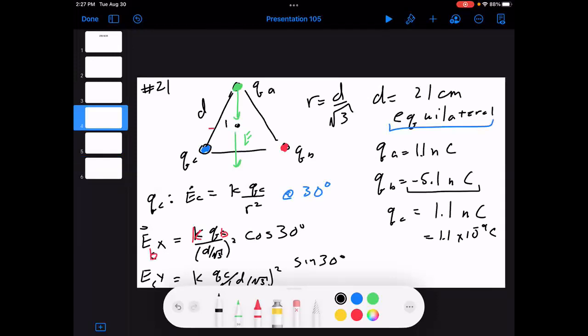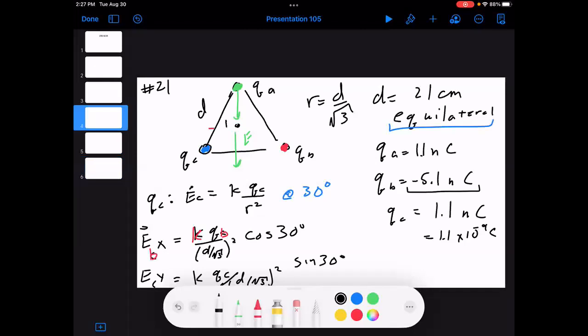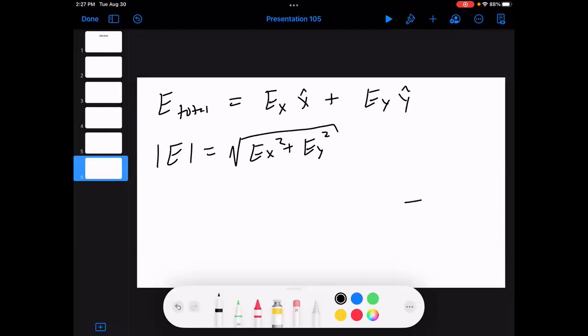Just looking at this picture, it looks like this is probably going to have some Ex like that, and our Ey is probably going to be negative. So you just told me how to find the magnitude. I'm asking for direction, I'm asking for that angle right there. How would you find that angle?